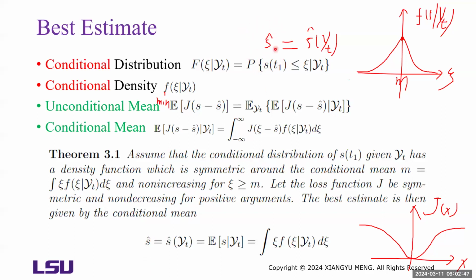The best estimator x hat is a function of yt, that's the expectation of s conditioned on yt, which is the integral of c f(c|yt) dc. In other words, it will be just m. So the best estimate is just the mean value. The mean value will be the best estimation of s.